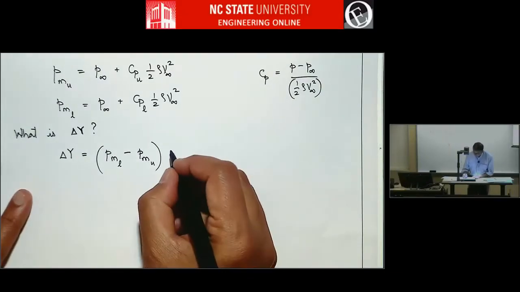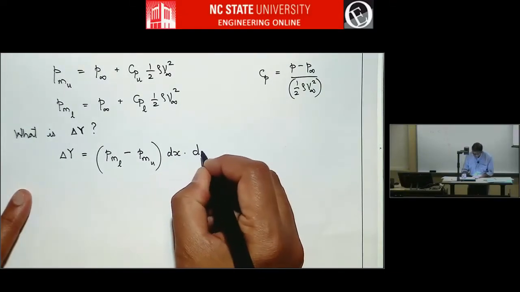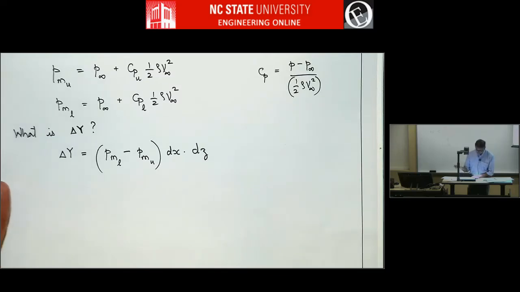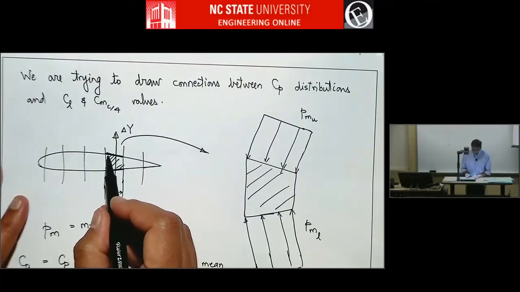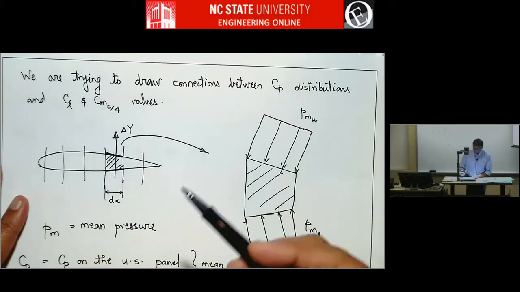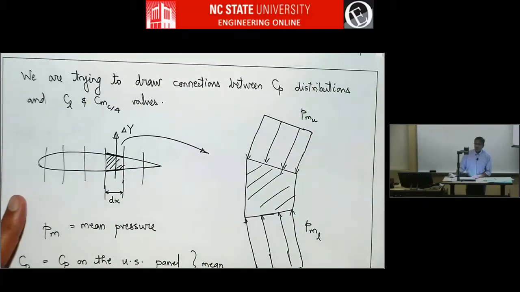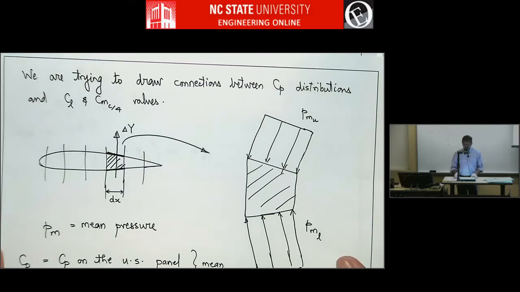So that will be dx times dz, and that dz can be 1 or not. I mean, it'll fall out of the picture very soon. And the reason it is only dx, the dy doesn't matter, is because the dy portion will contribute to a horizontal force, which we are not bothered about right now. We are only asking about vertical force. So vertical force will be dependent on the x area, right? The area parallel to x, so dx.